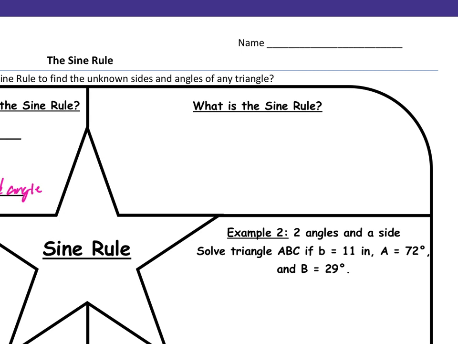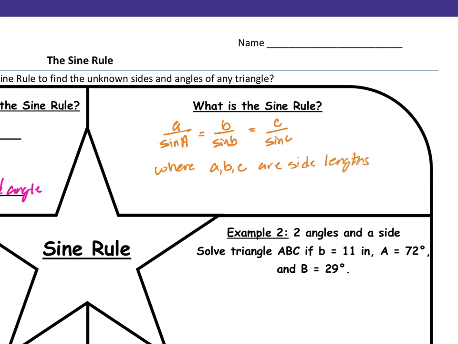This is how they write it: a over sine of A equals b over sine of B, which equals c over sine of C, where little a, little b, and little c are side lengths, and big A, big B, and big C are angles in degrees.